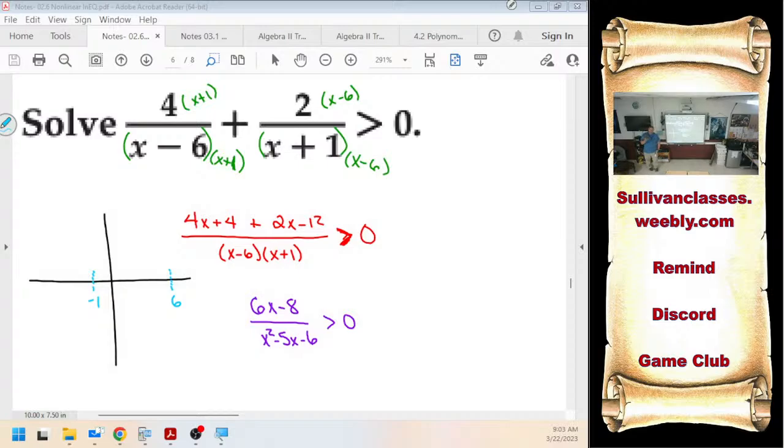Or where do I find it to begin with? Zeros of numerator. So 6x minus 8 equal to 0? 8/6 or 4/3. How many of you saw that on your tests? Reduce. Okay.